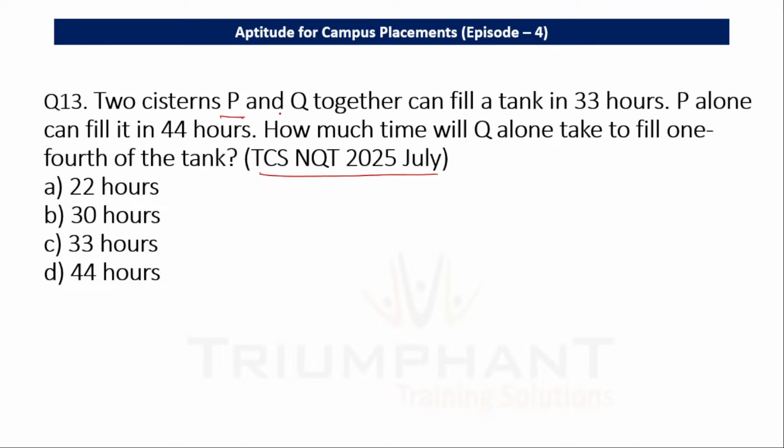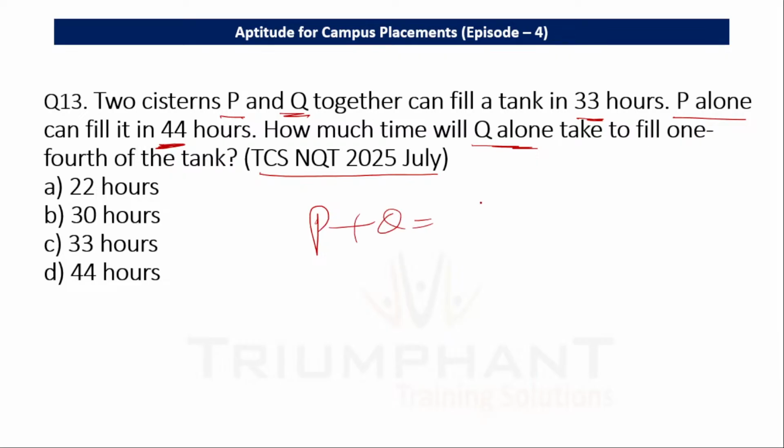Two systems P and Q together can fill a tank in 33 hours. P alone can fill it in 44 hours. How much time would Q alone take to fill 1/4 of the tank? So this is a straightforward question.